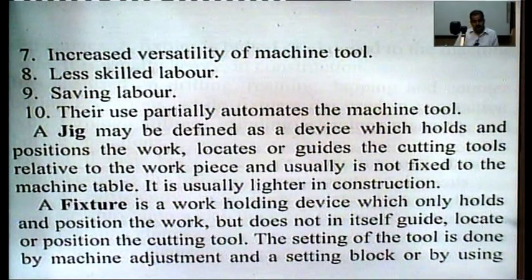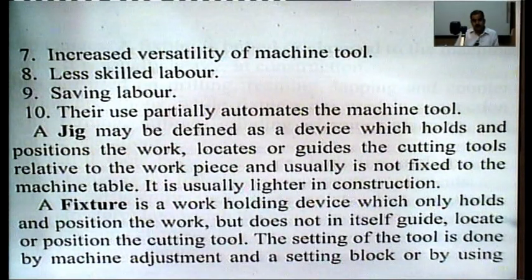Now, again, let me tell you particularly what is meant by a jig and what is meant by a fixture. A jig may be defined as a device which holds and positions the work, locates or guides the cutting tool relative to the workpiece, and usually is not fixed to the machine table.